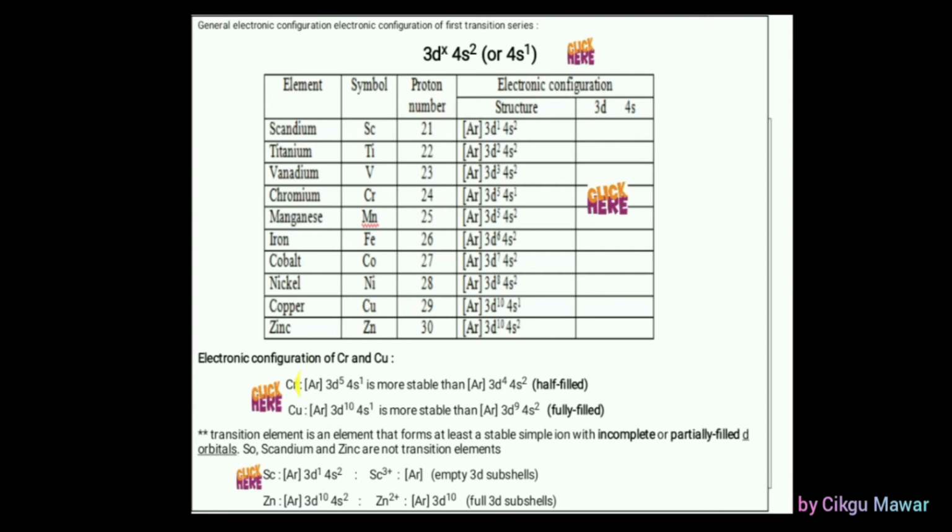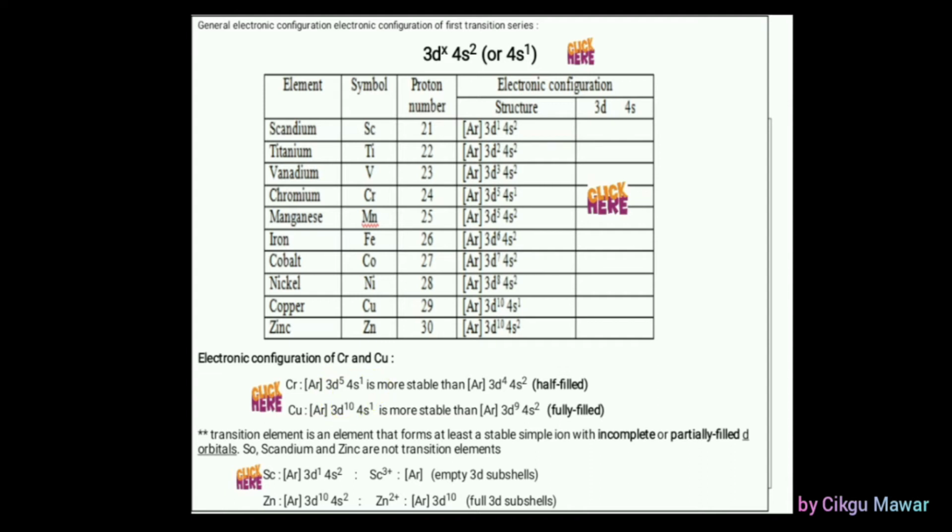For chromium, 3d5 and 4s1 is more stable than 3d4 and 4s2, because 3d5 is a half-filled orbital, which is more stable than the partially filled 3d4. For copper, 3d10 and 4s1 is more stable than 3d9 and 4s2, because 3d10 is a fully filled orbital, more stable than the partially filled 3d9. You already learned these two elements in term 2.